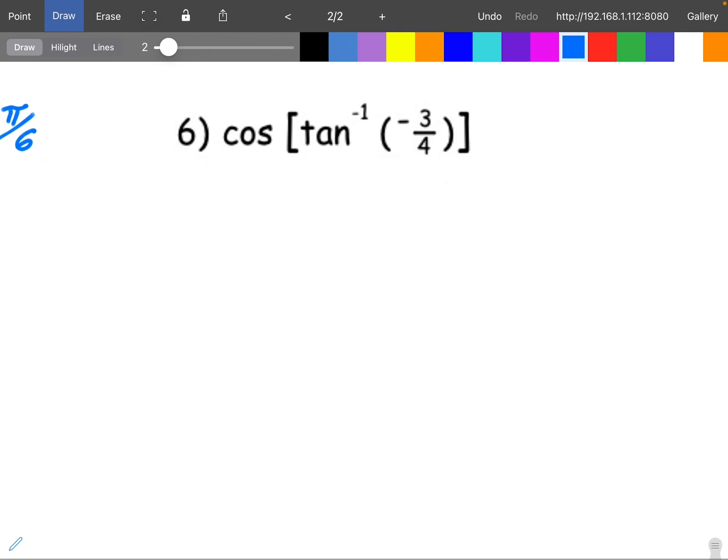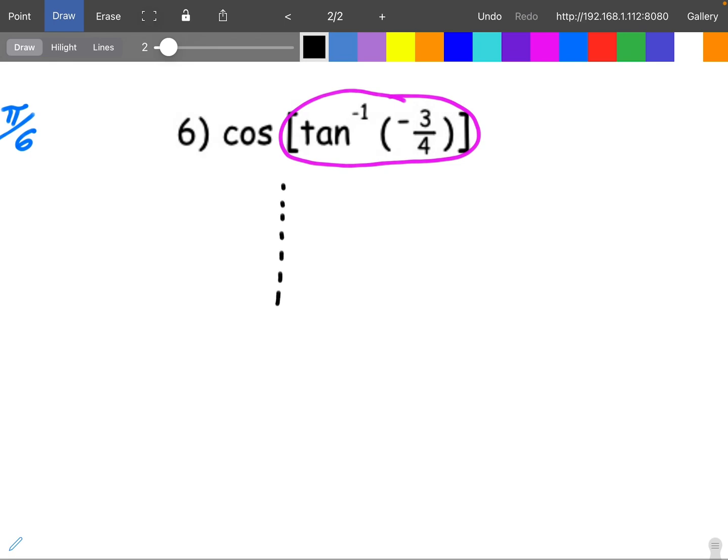All right, then for number 6, okay, we have two totally different functions. So we're going to start on the inside, and then we're going to figure out what cosine would be. So when you have two different functions like this, you are basically taking what you have on the inside to create a triangle that you may or may not have to complete in order to do cosine.